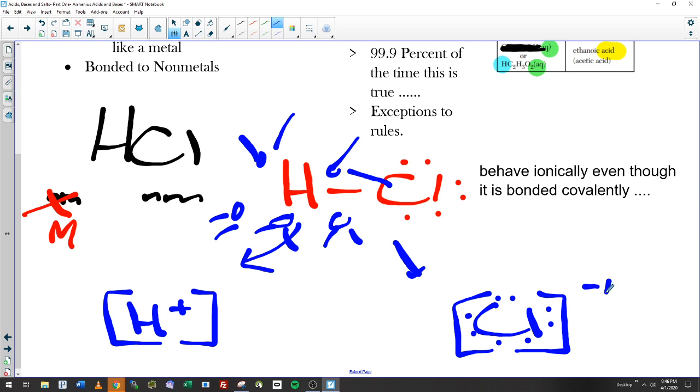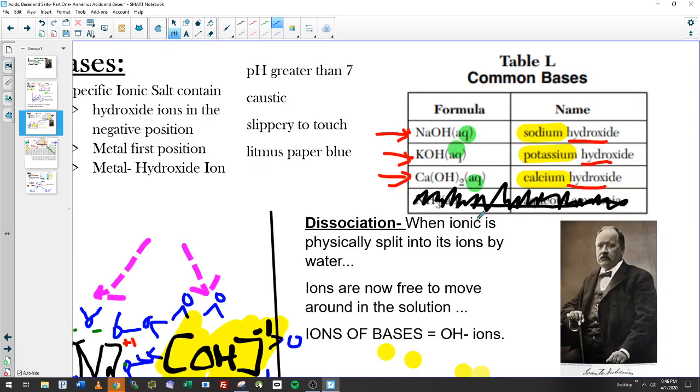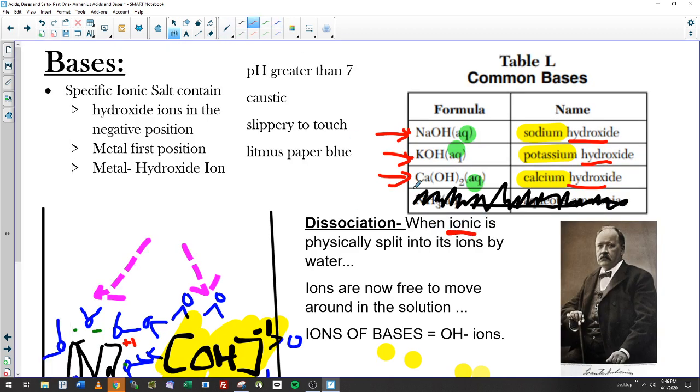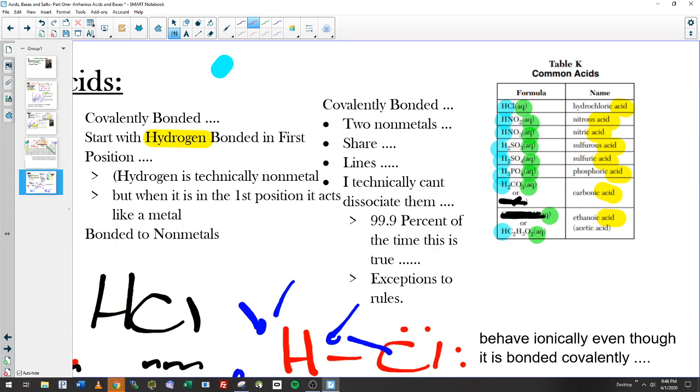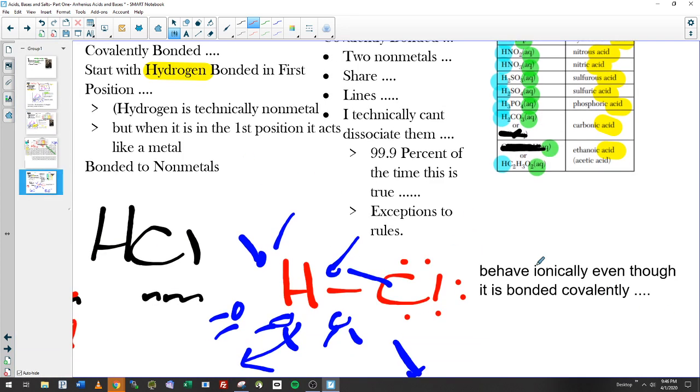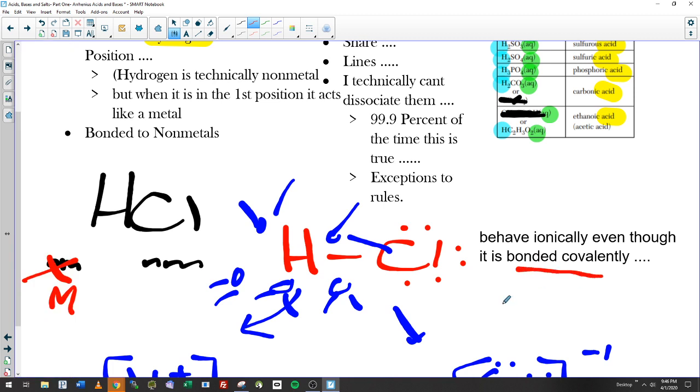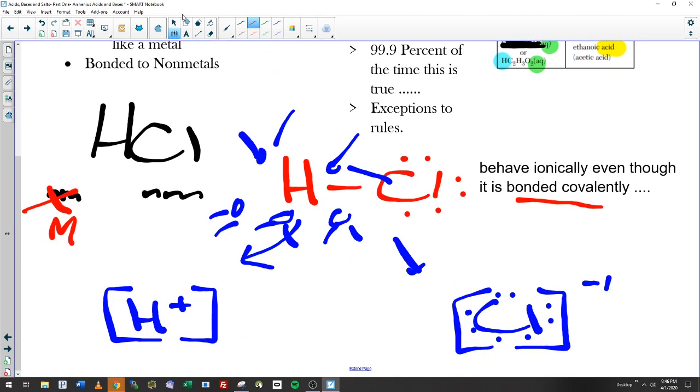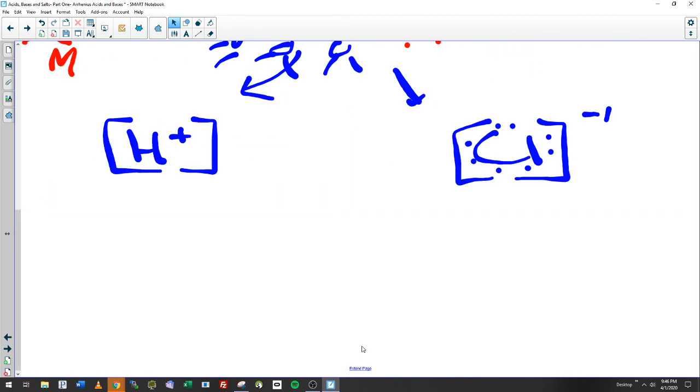Here's the kicker. This looks a whole lot like dissociation. However, according to Arrhenius, in order for you to dissociate, you must be something ionic. And technically, acids are not ionic. They're technically bonded covalently. I cannot use the word dissociation here.